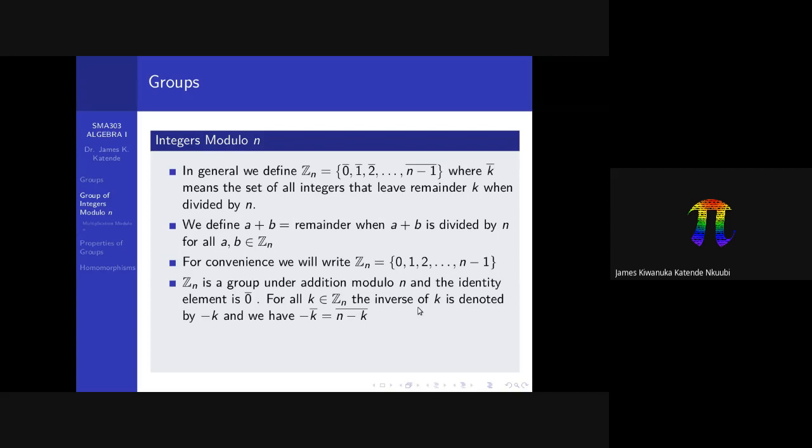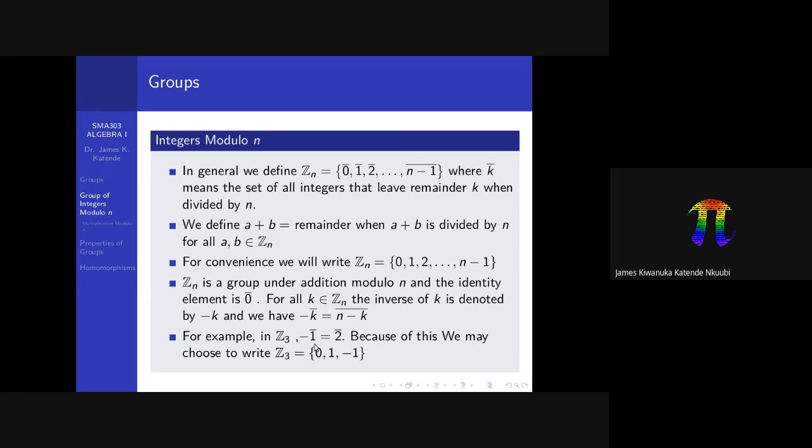And the inverse of k will be denoted by the negative of k. And that is just, since we know 0 is the identity, the inverse of k is simply the element which, when added to k, gives us 0, or gives us a multiple of n. So it's easy to find the inverse. So for instance, if we check in Z3, the inverse of 1, remember this operation here is addition.